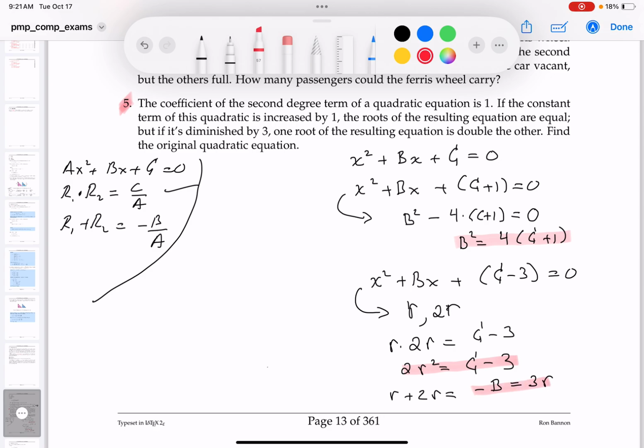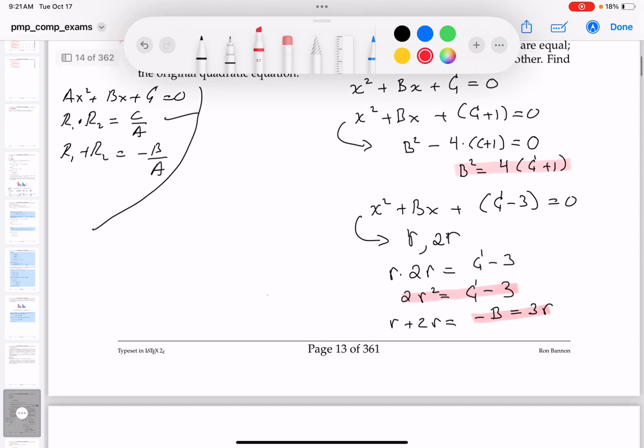I'm seeing those three things. The question is, I really have to figure out what the b and the c are in the problem. I want to write down what b squared is, and I think I can do that.